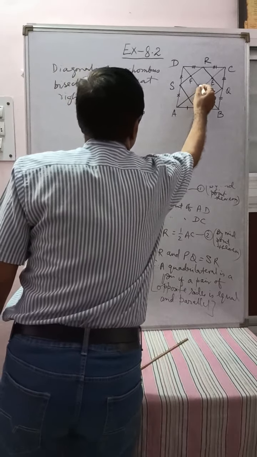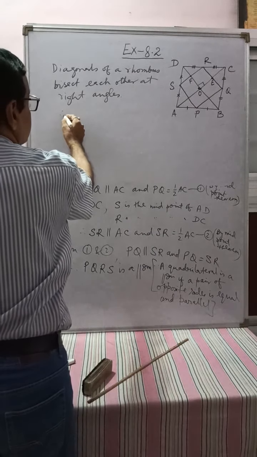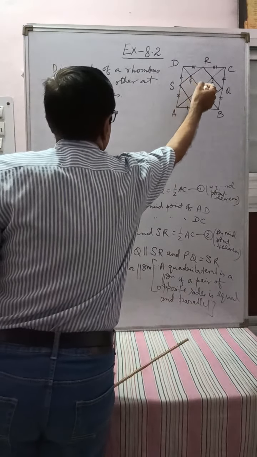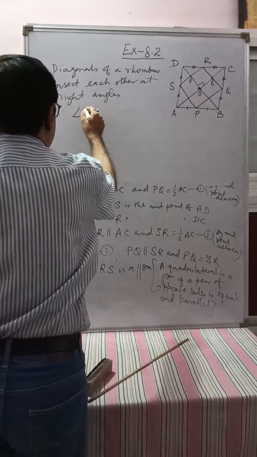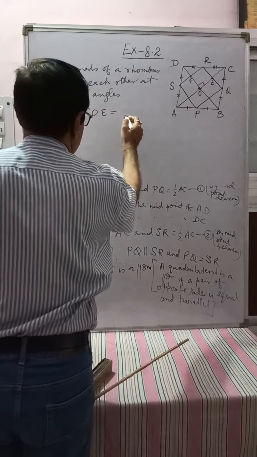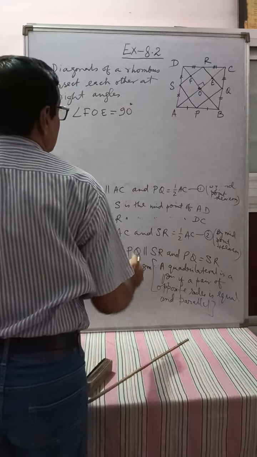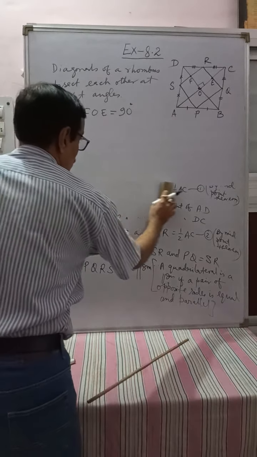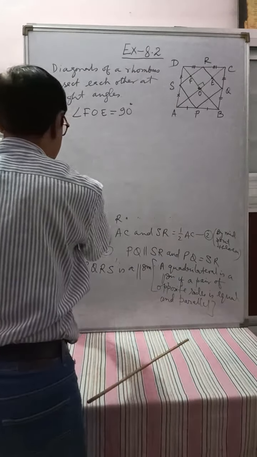So we can say this angle is 90 degrees. Therefore angle FOE is equal to 90 degrees.